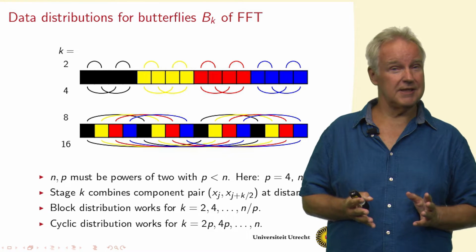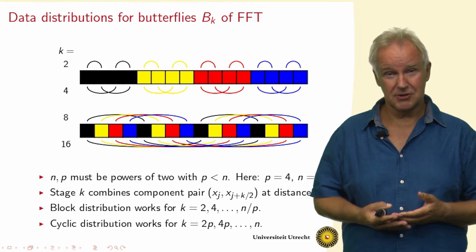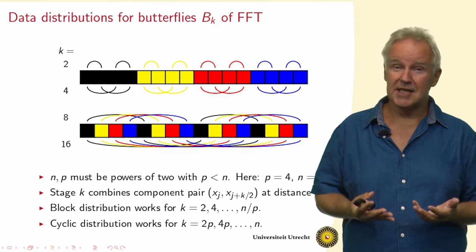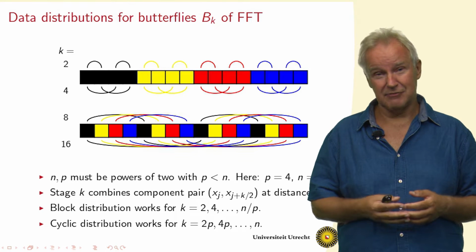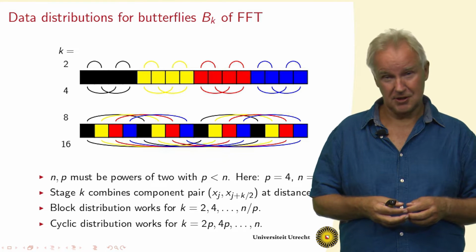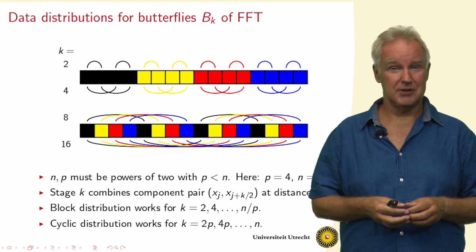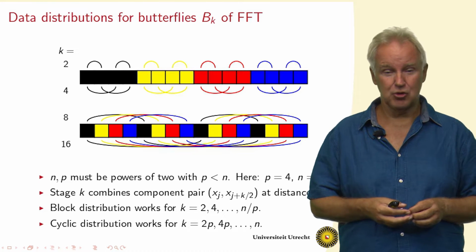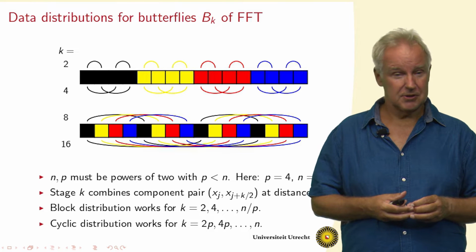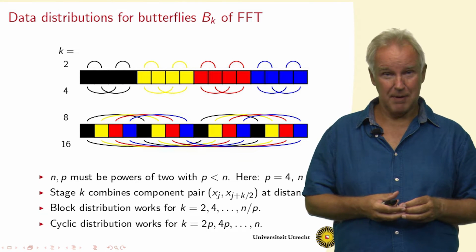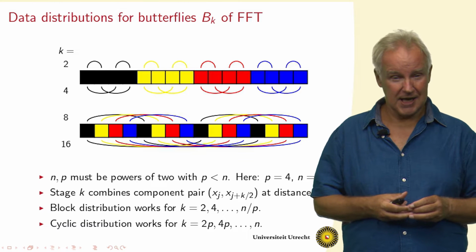We assume here that the number of processors, which is 4, is a power of 2. We also assume, like in the FFT, that n, the vector size, the vector length, is a power of 2. And in the picture, we denote the butterflies by little arcs.